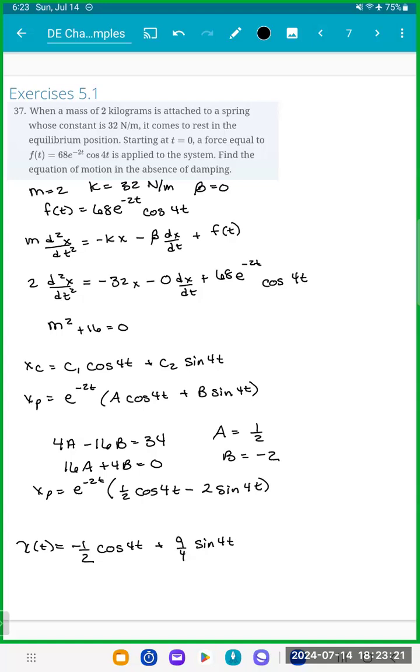Okay, plus we can distribute this e to the negative 2t to give us 1/2 e to the negative 2t cosine of 4t minus 2 e to the negative 2t sine of 4t.